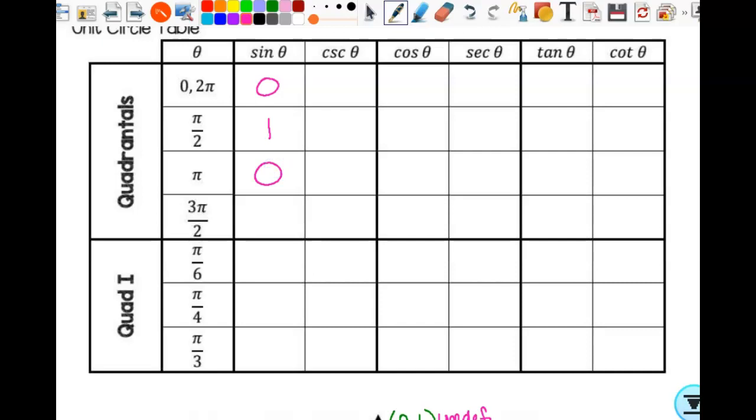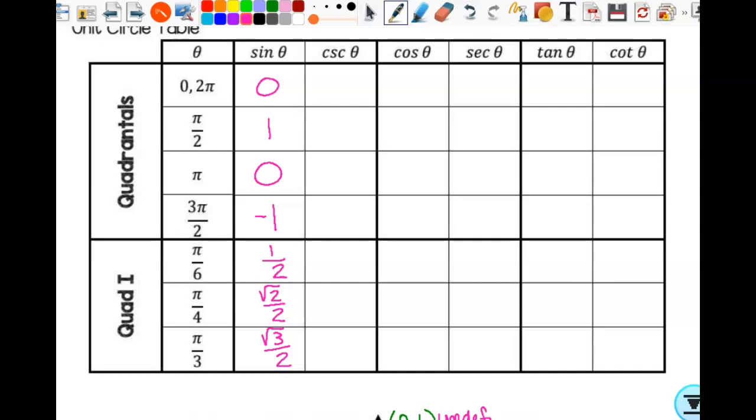The sine of 3 pi halves, negative 1. All right. The sine of pi 6 is 1/2. Pi 4ths, square root of 2 over 2. Pi 3rds, square root of 3 over 2. Okay? We're all good with that, right?